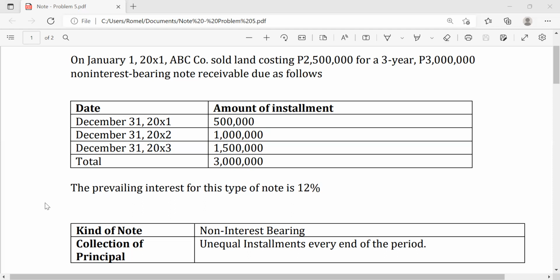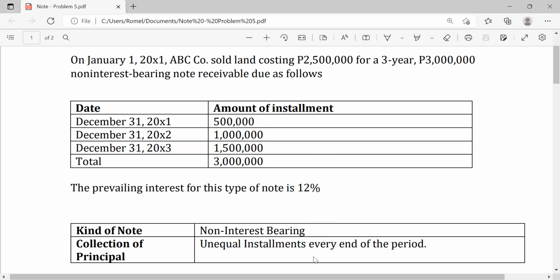What is the implication if unequal ang installments? Ganito. Pag unequal ang installments, can we use annuity formulas? Pag hindi equal ang installments, the answer is no. We cannot use the annuity formula since unequal installments ang makokolekta natin.